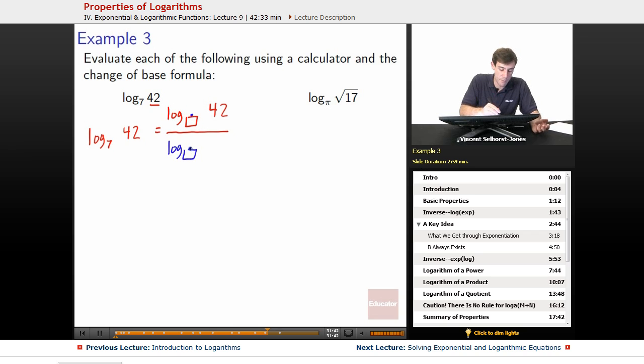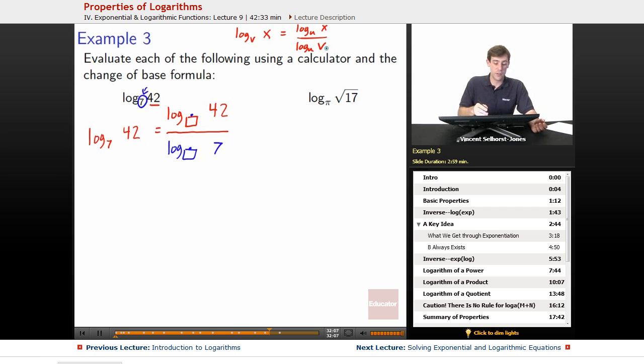These have to be the same base. That's what it meant when we saw log base v of x equals log base u of x over log base u of v.